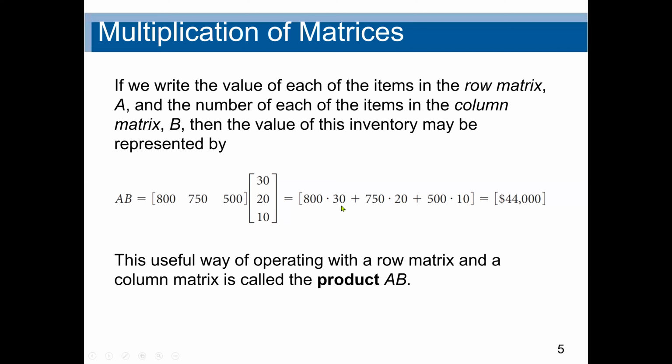Then we add all together. When we add all this together, we get the same amount, 44,000. This is a useful way of operating with a row matrix and a column matrix, which we call the product AB.